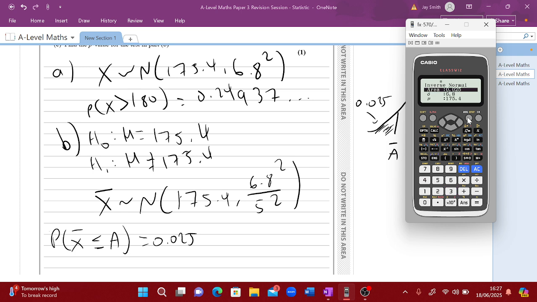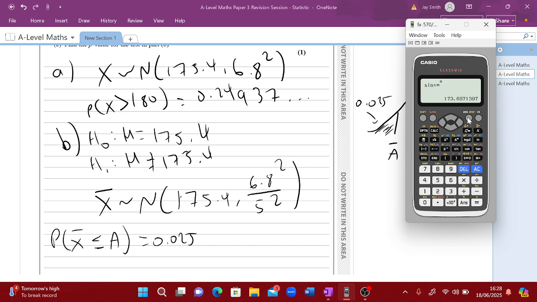We know the area is again 0.025. Sigma is going to be 6.8 squared divided by 52, that's the variance, and the mean is again 175.4.